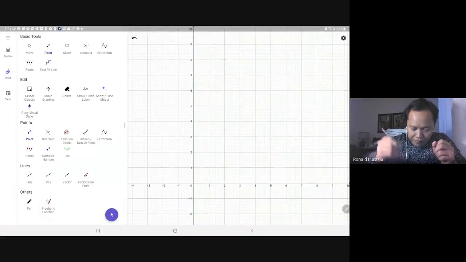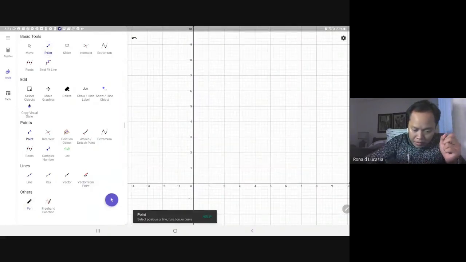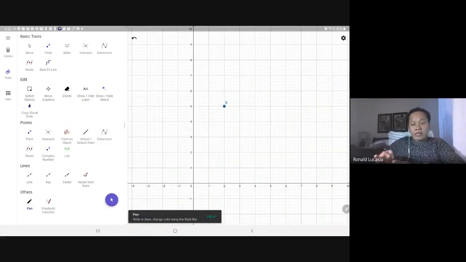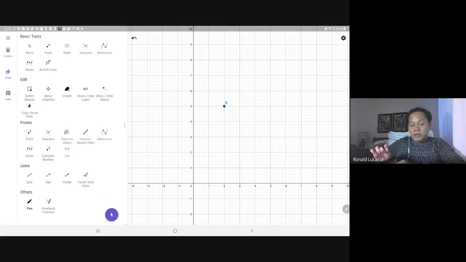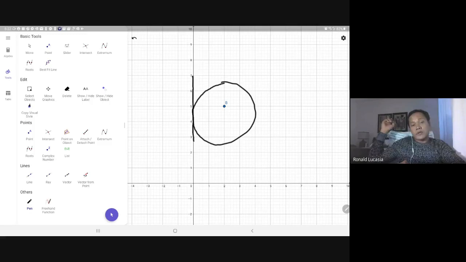This is (2, 5). Okay. The circle is tangent to the y-axis, so it should pass through this line. The circle, it's not perfect, but it looks like this to make it tangent to the y-axis.